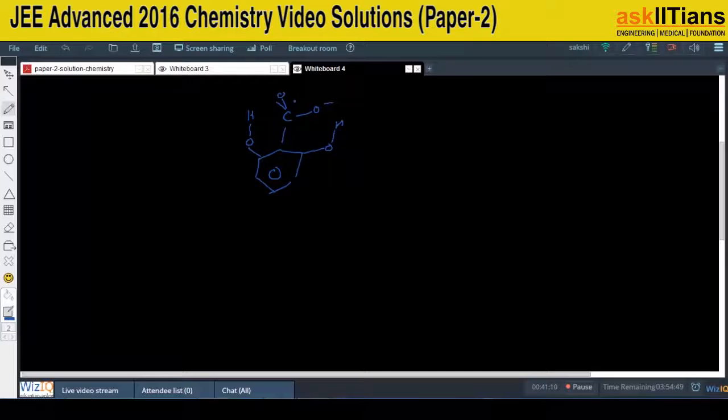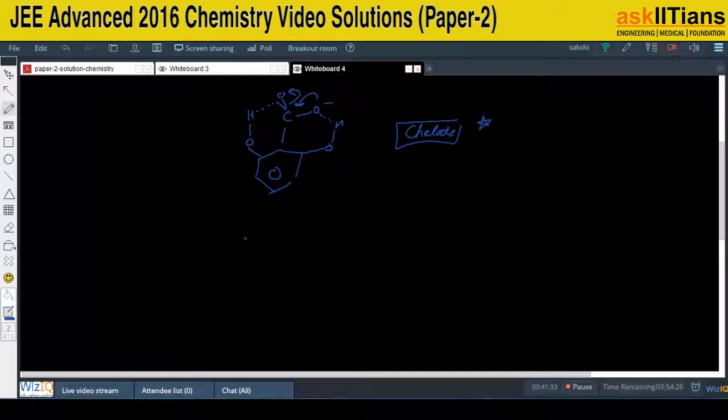Now you can say this will be stabilized. There will be a ring formation here and a ring formation here. That means in the first case the most stable anion will be formed due to the chelation of 2 OH groups with the carboxylate. So there are chelate rings formed, and this is one of the most important things which is going to stabilize the first compound for acidity.